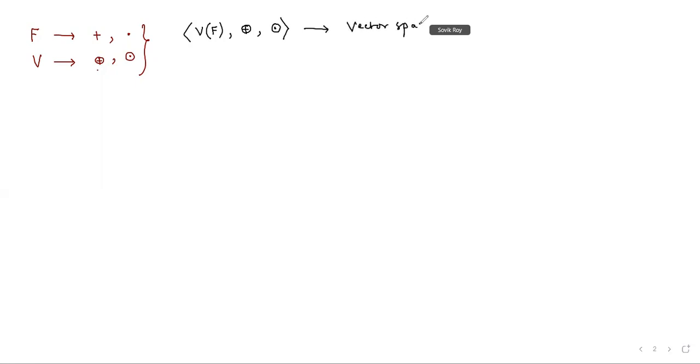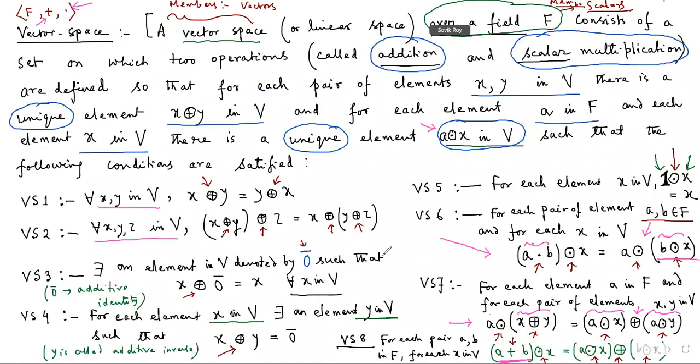This is the way by which a vector space structure is defined, and you are not much familiar with this kind of thing, but you will gradually understand and come to terms with this. We have to work on some problems, then only you can understand what is happening over here.